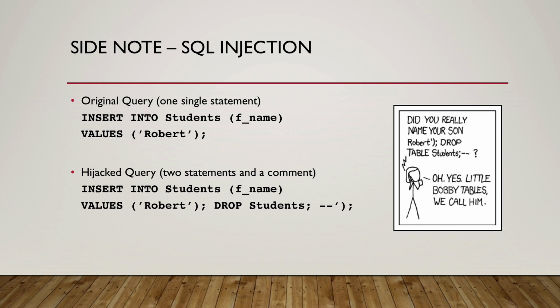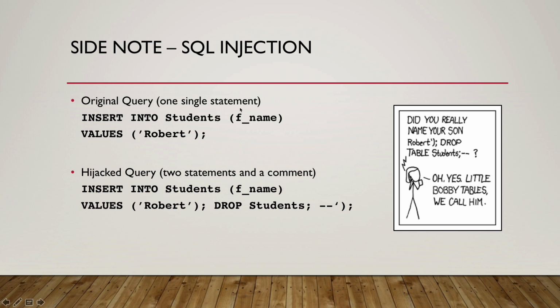Not a good thing. Now, there's many reasons that this actually probably wouldn't drop. Students probably has references to other tables, and SQL will say, no, I can't drop that, otherwise all these references would be broken, so other things might happen. And then lastly here, we see this little dash dash, and that turns the rest of the statement into a comment.